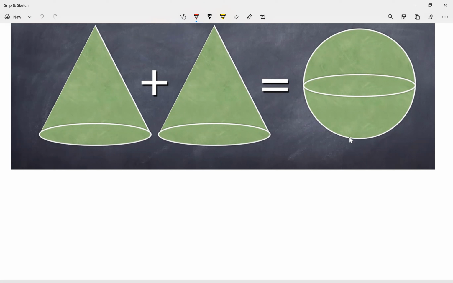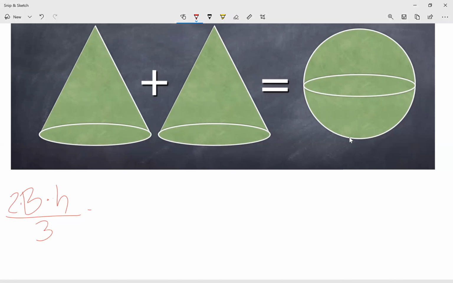All right, I remember the volume of the cone is the area of the base times the height divided by 3. That is one cone. But because it's two cones, let me multiply the top by 2. So 2 times the base times the height divided by 3.